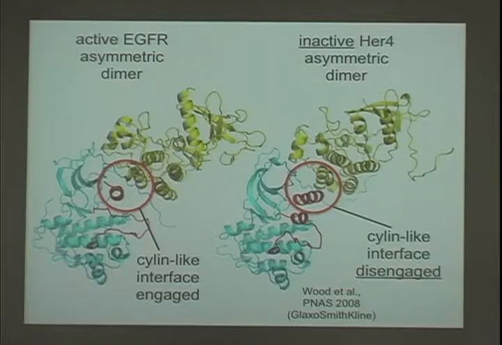So this is analogous to Luis's description of the CDK9, cyclin T, because the activator kinase is actually there, but it's partially disengaged, and the receiver kinase is in an inactive conformation. That's food for thought, but I really just want to show you that the juxtamembrane segment begins to be seen.